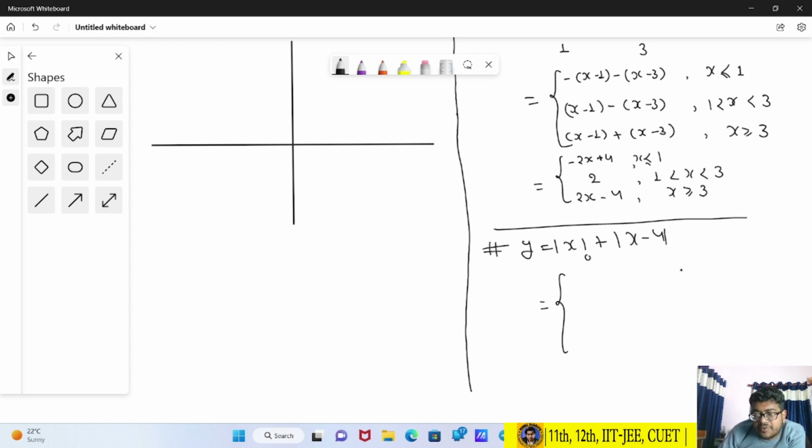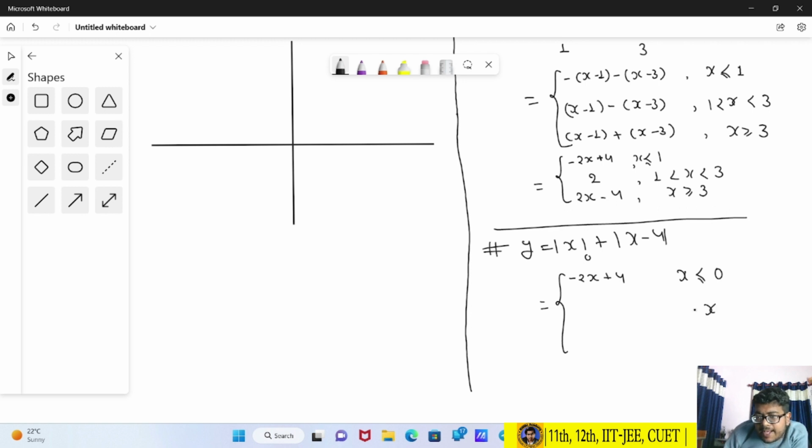First we take x less than or equal to 0, so we take x equal to -1. It gives minus for both terms, so minus x and minus x, giving -2x, and then minus minus 4, so it is plus 4.